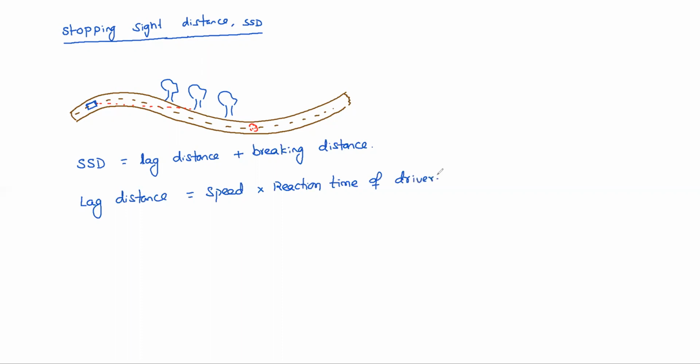After seeing the danger on the road, the driver has to take a decision. The light rays first fall on the object, then travel and reach the retina of the driver, then travel from the retina to the brain.